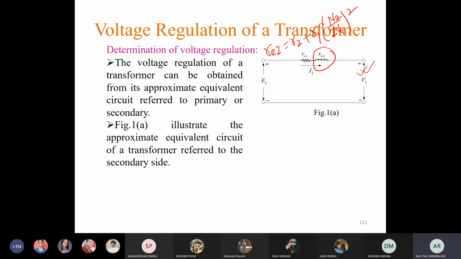Anyone? For this equivalent circuit, you have to draw the phasor diagram.